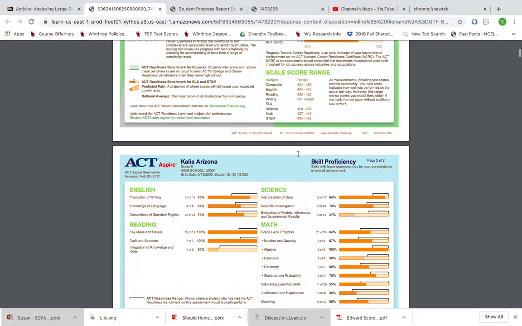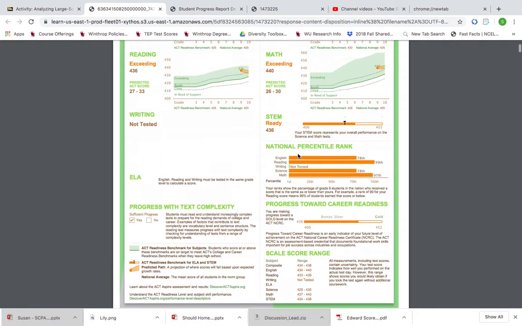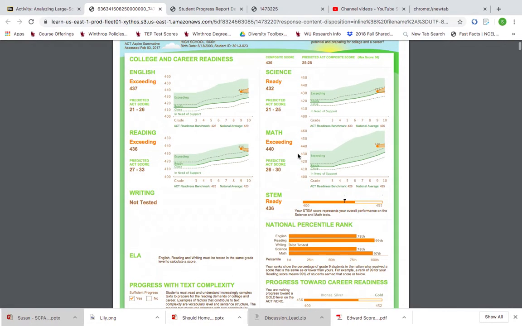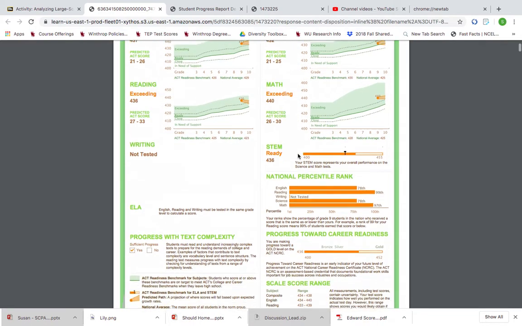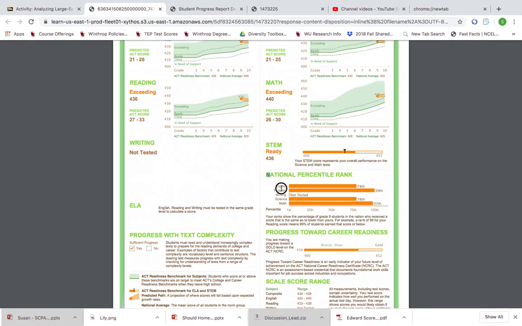So something interesting about ACT Aspire is, yes, it's criterion referenced, but then they also give me this national percentile rank. Remember last week I told you whenever we have that TH, that means it's a percentile, so the 78th.